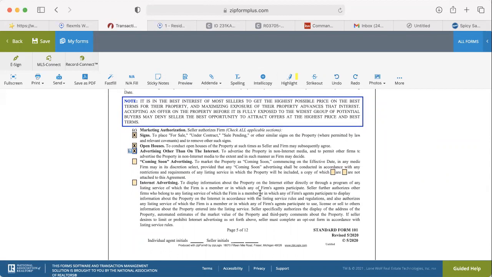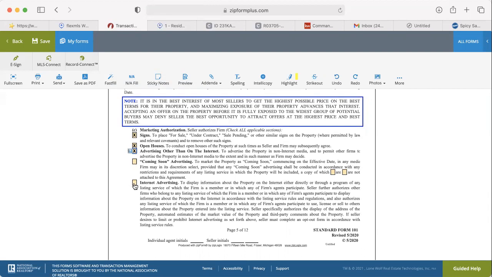So this allows you to put it online, to put it through the MLS with all the third-party syndications that it offers. It will go to KWRI, to the Keller Williams national website, et cetera, et cetera.